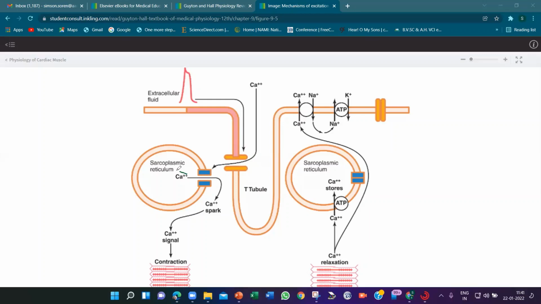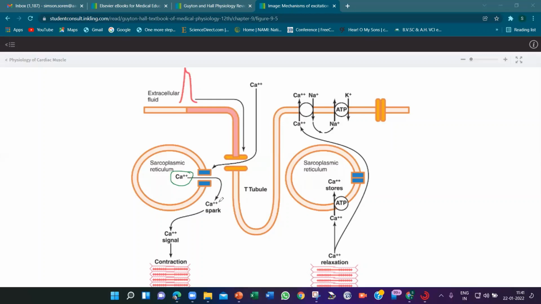And then the calcium in the sarcoplasmic reticulum comes out into the sarcoplasm, because calcium is very rich in the sarcoplasmic reticulum. As soon as it gets the chance, the calcium immediately comes out.